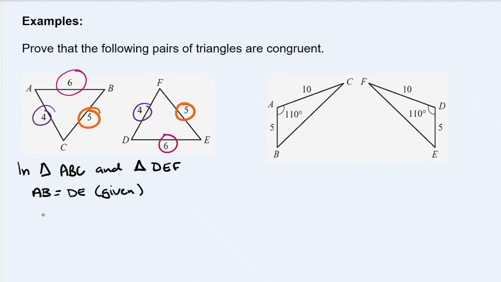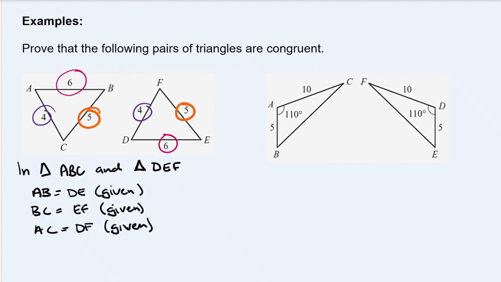We know that BC or CB is equal to EF, also given. We also know that AC and DF are the same, given in our diagrams.